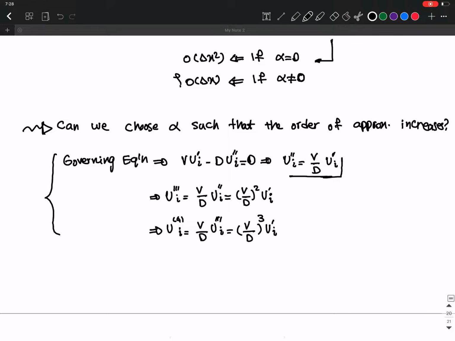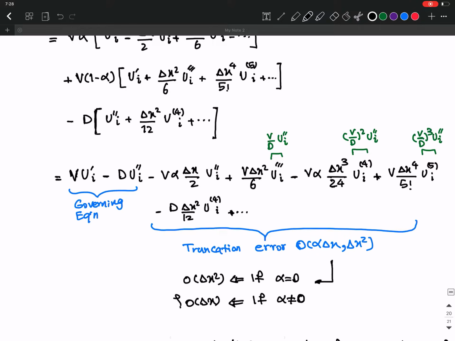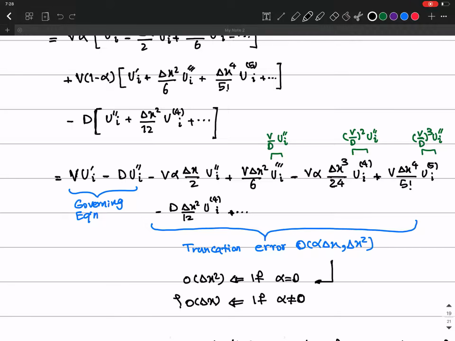And then I write all the terms that have no alpha. So it's going to be first this one, and I'm going to write it based on U prime I. So this term is going to be the first one. Then I have this term, and other terms.